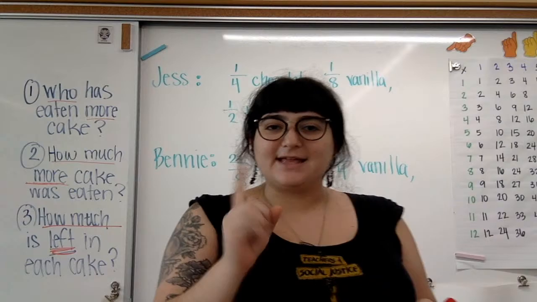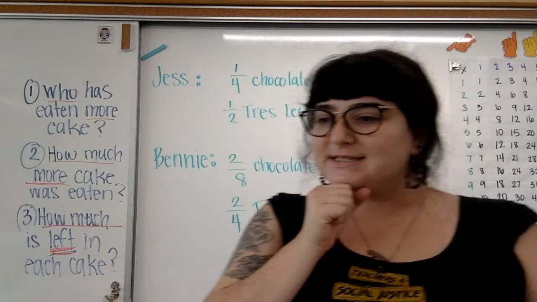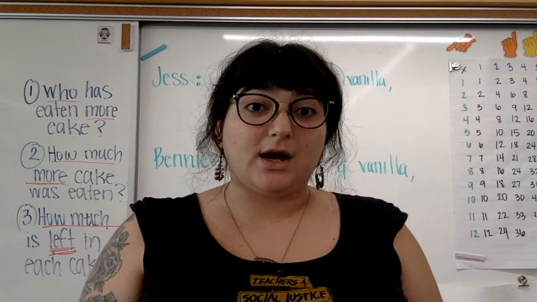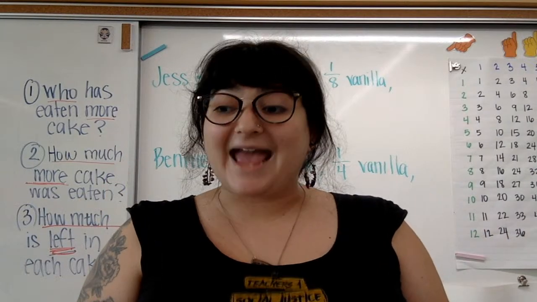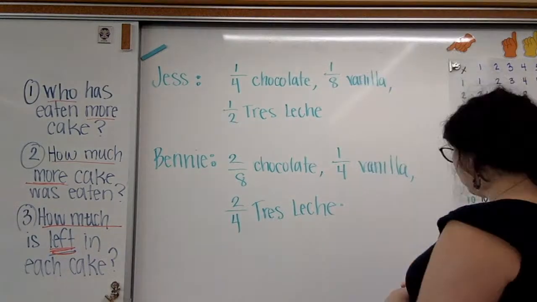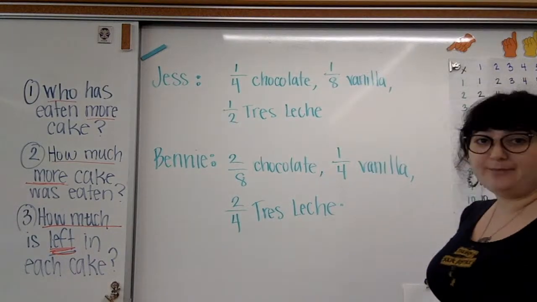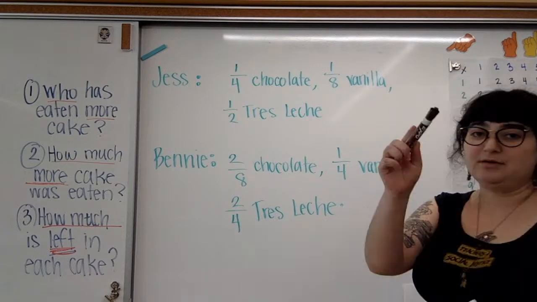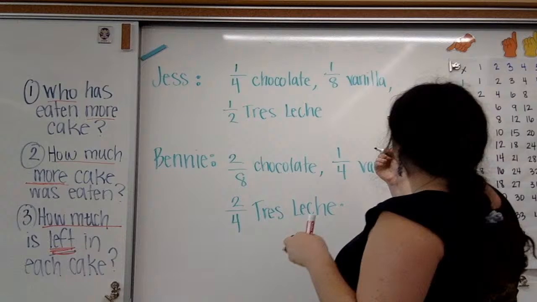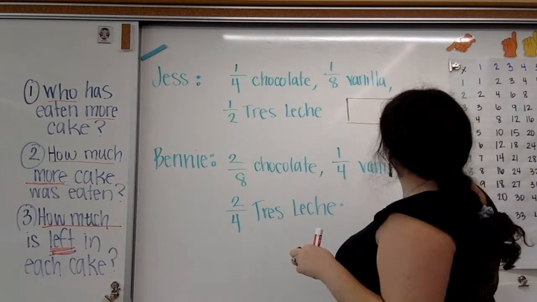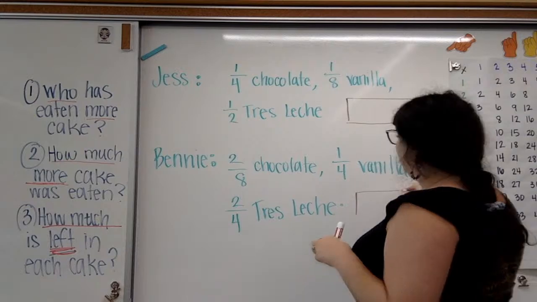So one thing I really like is doing an actual drawing of the cakes that were eaten, okay? Now, when I think about this, I think of doing a box drawing. So for my chocolate, I'm going to use brown. So I'm going to draw my chocolate for Jessica and my chocolate for Benny.